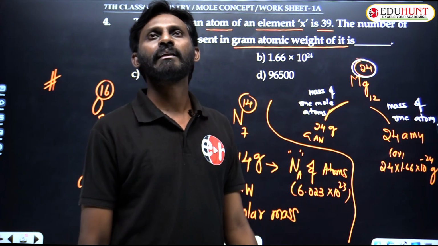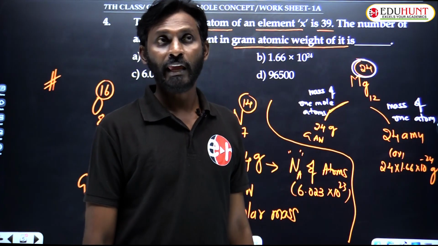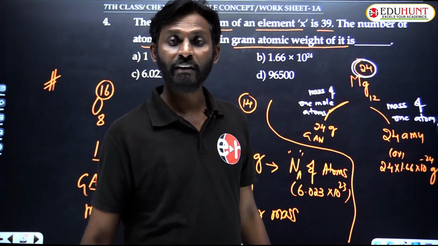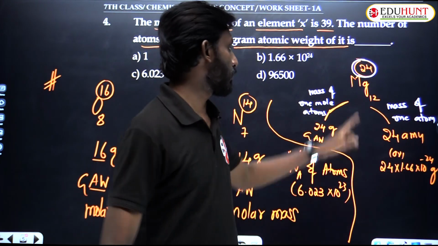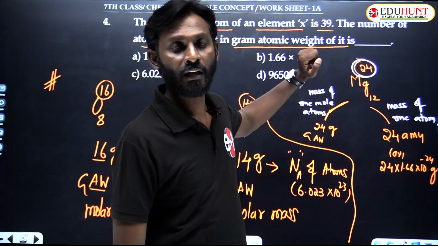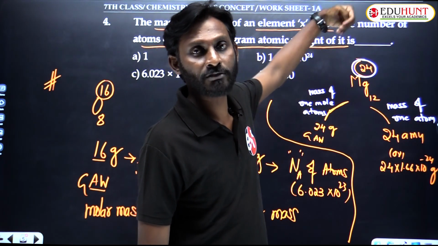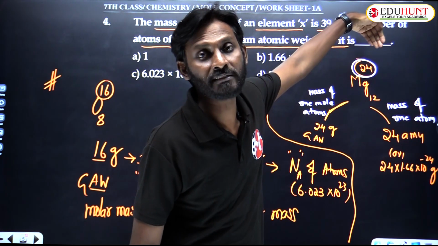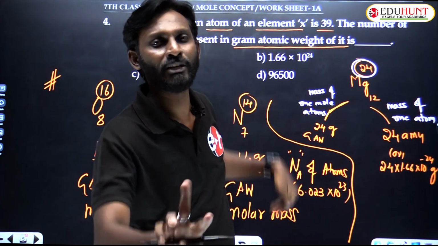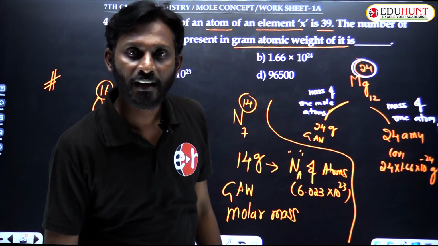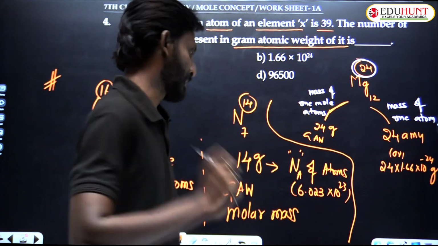If I say the name magnesium, immediately the student will know the symbol Mg, atomic number 12, mass number 24. By looking at the mass number 24, he or she can express the mass of one atom or the mass of 1 mole of atoms. This is the process. Shall I do one more example? Okay.